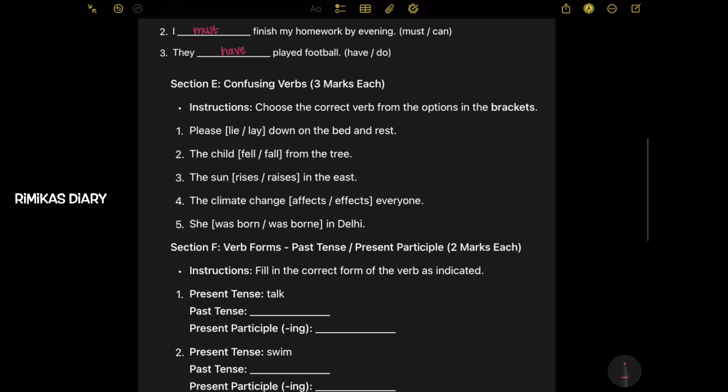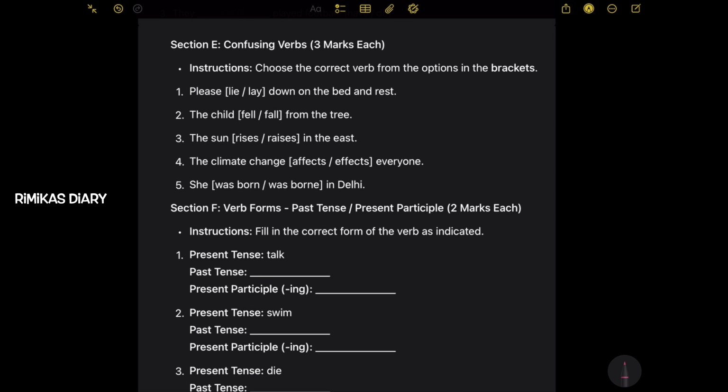Section E, confusing verbs. Instructions: choose the correct verb from the options in the brackets. Please lie or lay down on the bed and rest. Lie. The child fell or fall from the tree. The child fell, because it's past tense, so we picked fell. The sun rises or raises in the east.